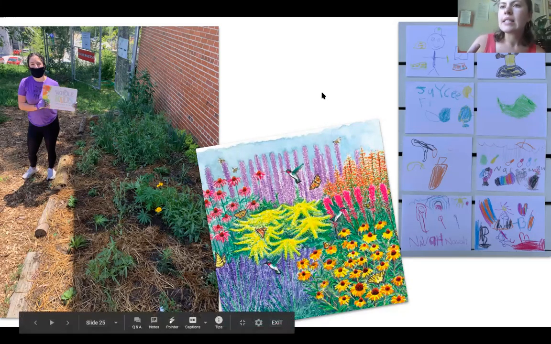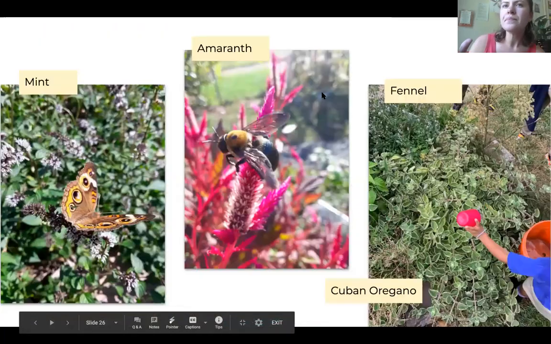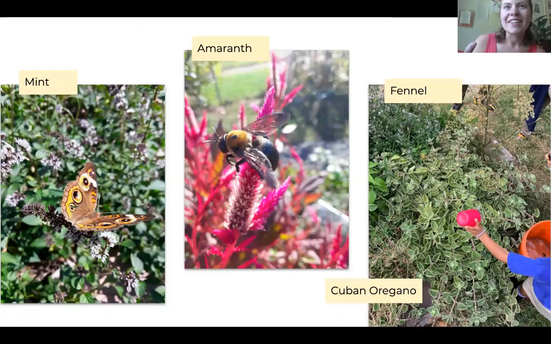Okay, the next slide shows more types of pollinator plants. As you can see right here, a cute butterfly and bumblebee are on these mint flowers and this amaranth. And this picture to the right doesn't really show the pollinator very well. It really just shows the Cuban oregano taking over.